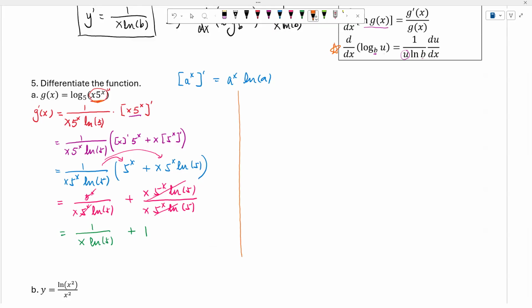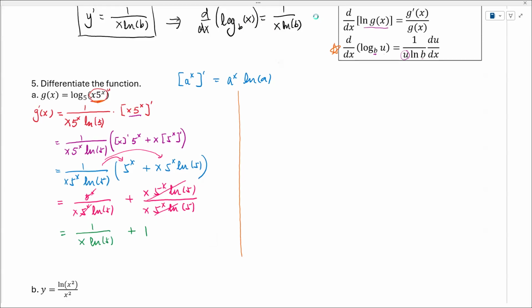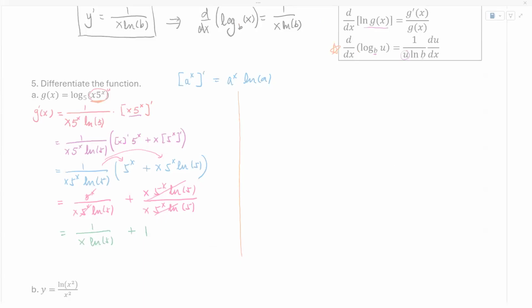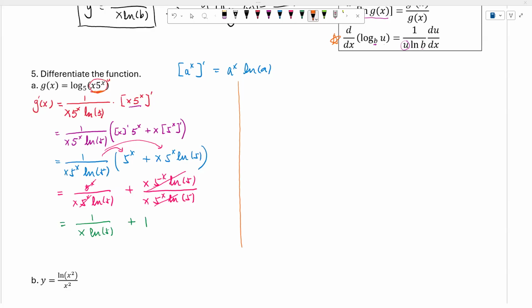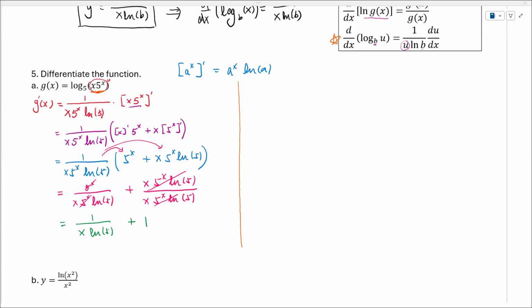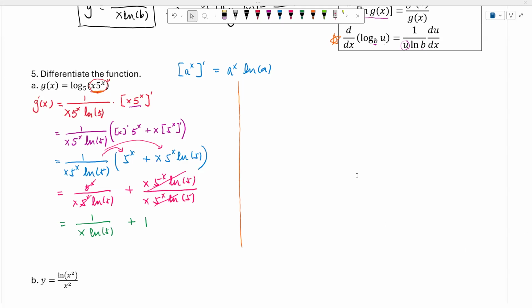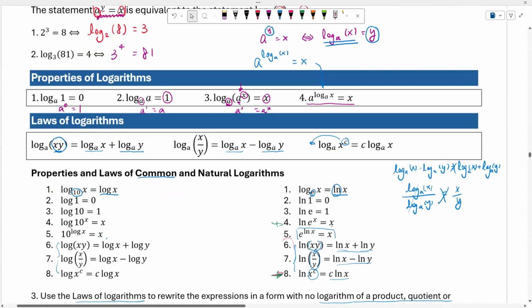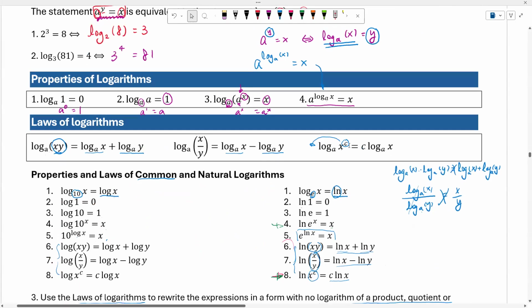So can I use a property to take care of this problem first? The property that I'm talking about is this one here.